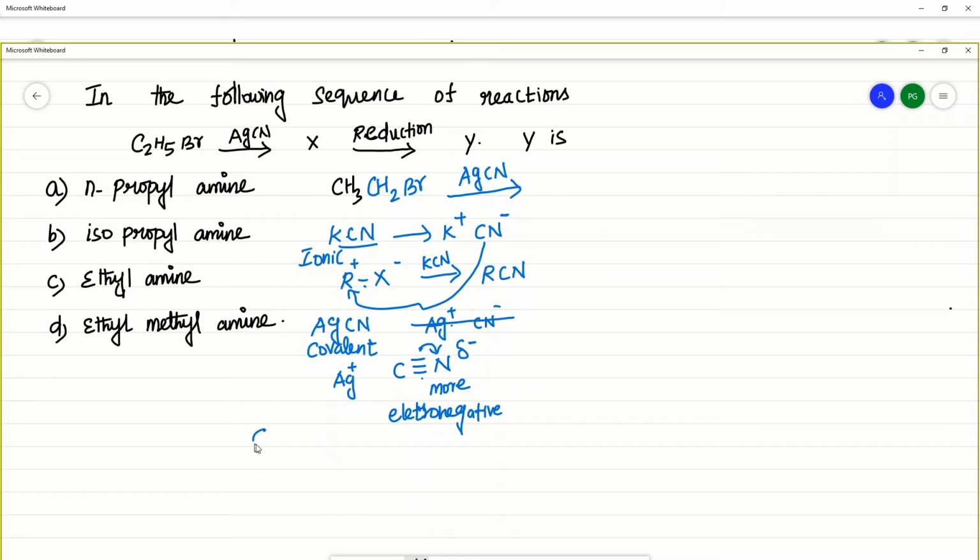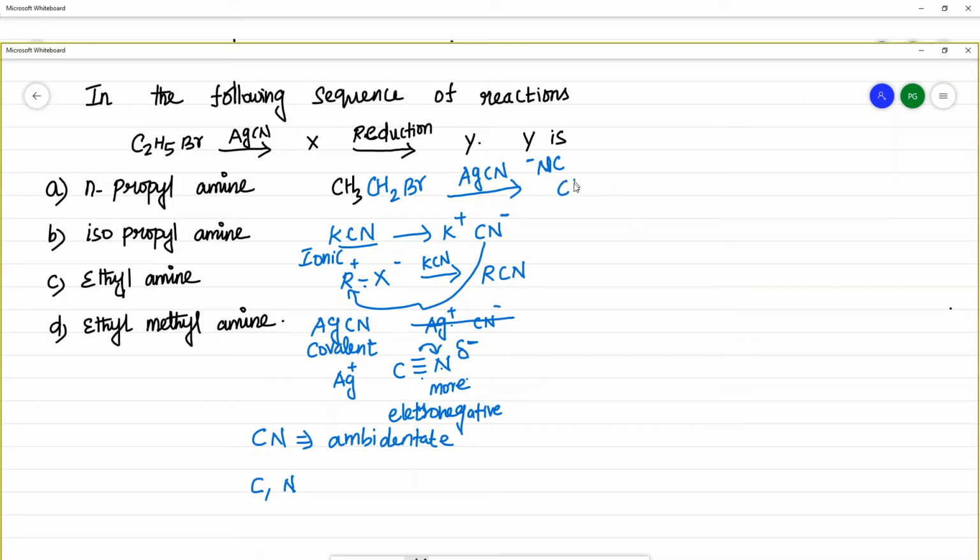And we know that CN is an ambidentate ligand. What is an ambidentate ligand? It has two donating centers. Carbon can be a donating center and nitrogen can also be a donating center. Due to the higher electronegativity of N, it has a partial negative charge, so N will be having the minus, and AgCN is a covalent compound.